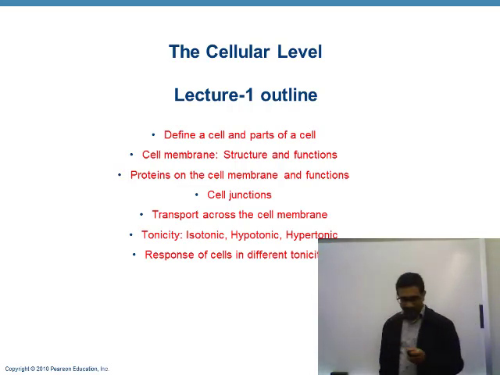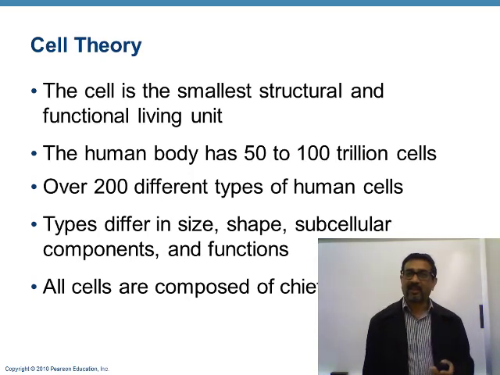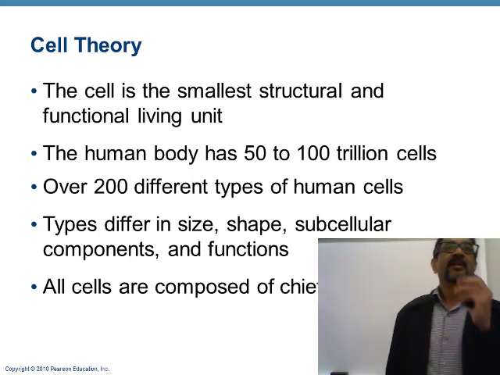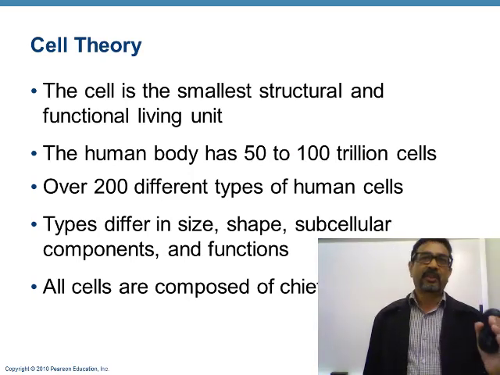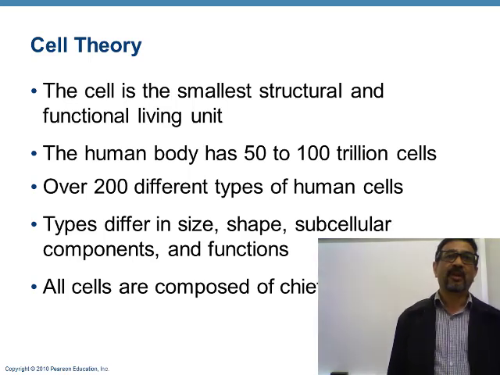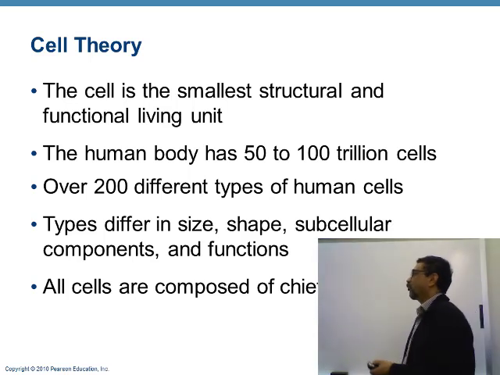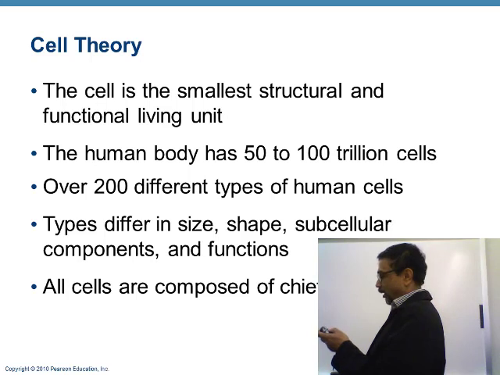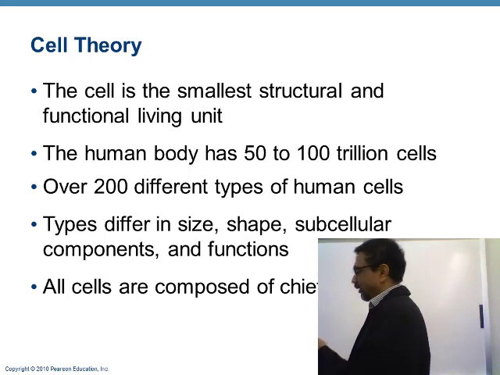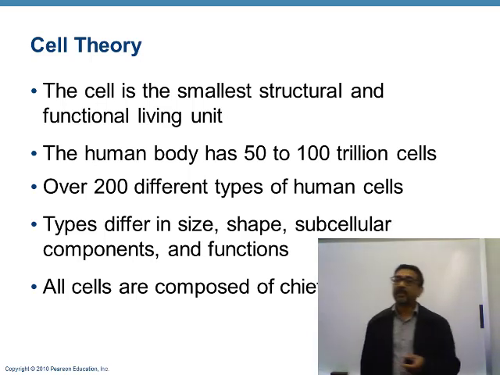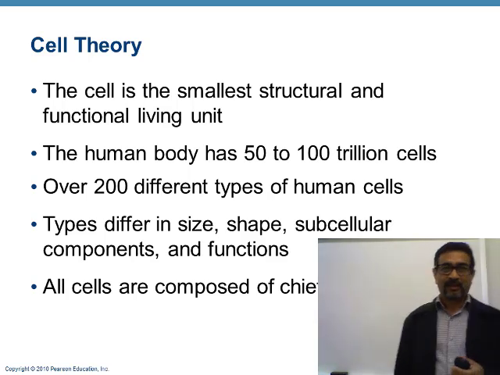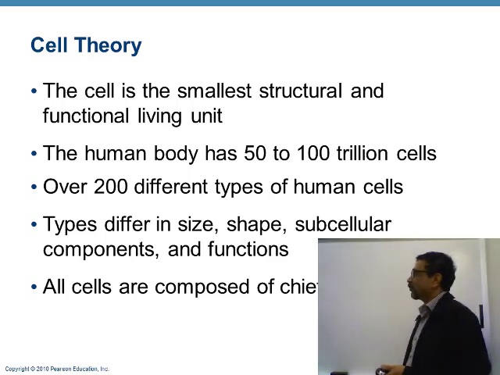So those are the things. First, the definition, I have already mentioned. Cell is the structural and functional unit of the living body. The human body has 50 to 100 trillion cells.